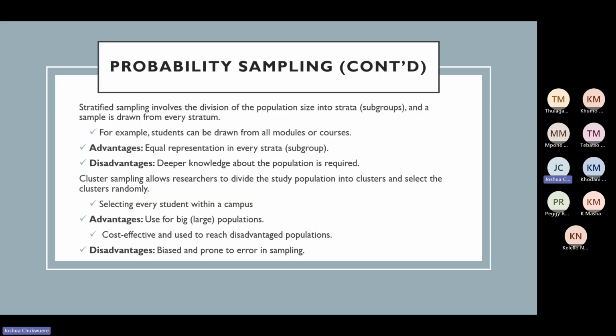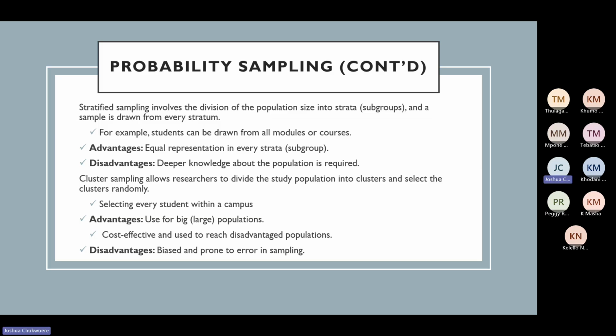In this case, it's cost effective and used to reach disadvantaged populations. True, because you put it according to clusters by campus, by faculty, by school, by department, by subject groups.